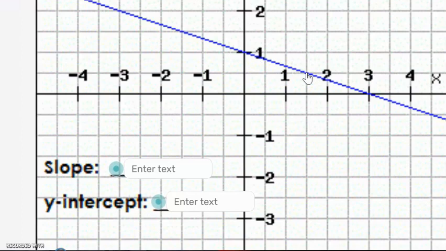I need to find my points where they fall right perfectly on those grid lines. So this would be negative 1/3. I would be falling 1 and running 3. My y-intercept happens to be right here, so that would be at parentheses 0, comma 1.